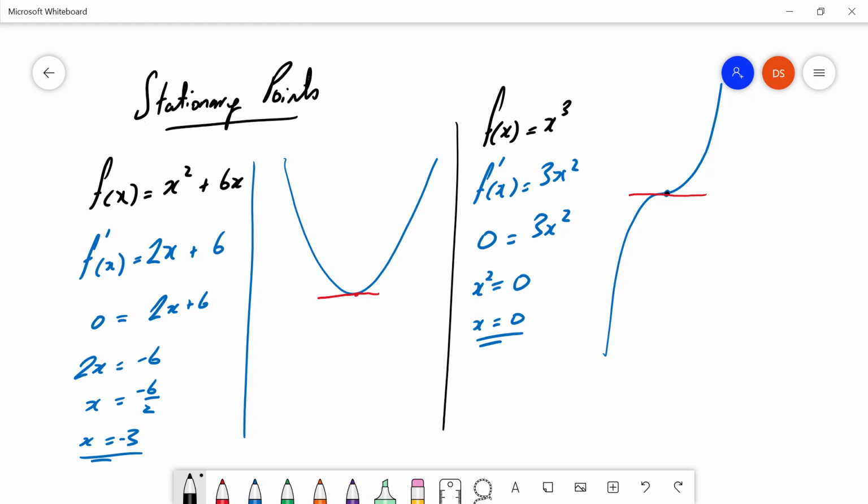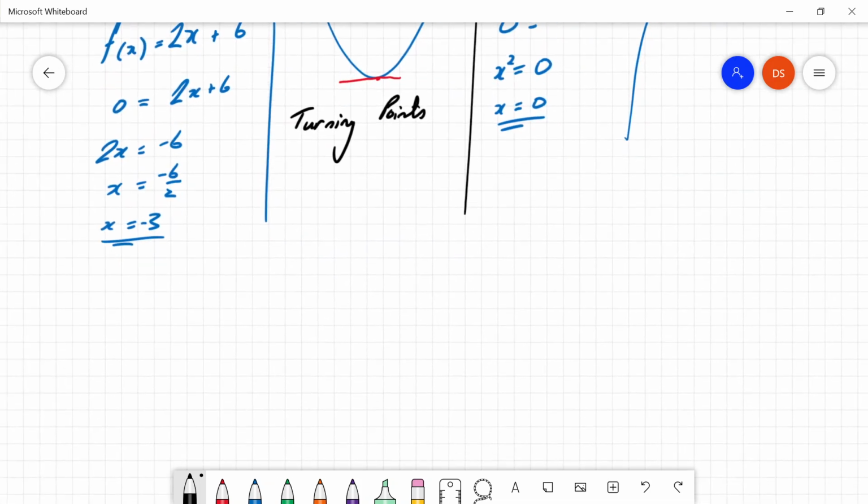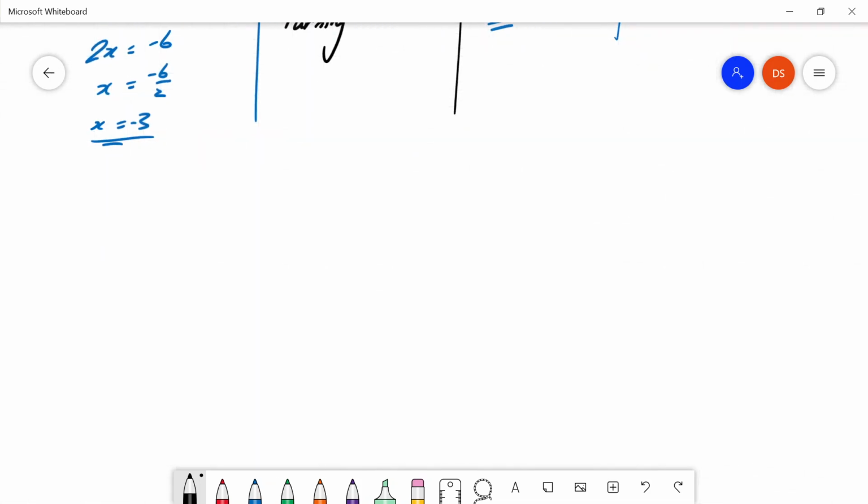So, there are two types of stationary points: turning points or not turning points. We are going to look a lot more at the turning points kind of stationary points, because if you find the stationary point, you can determine whether it's a local minimum or a maximum.